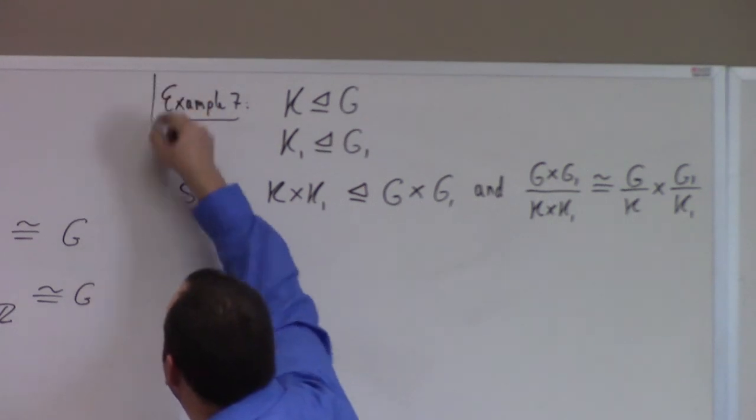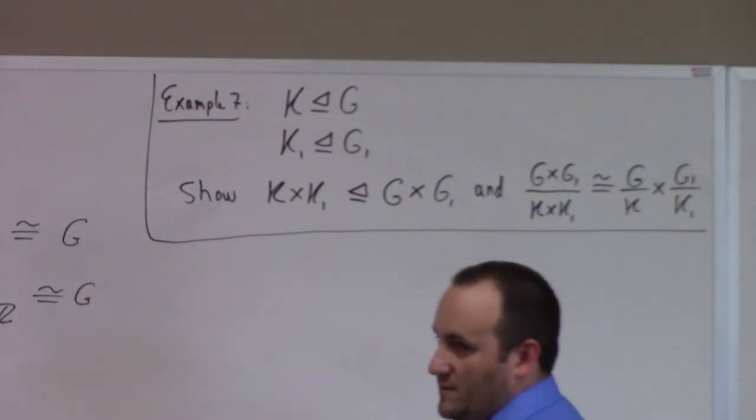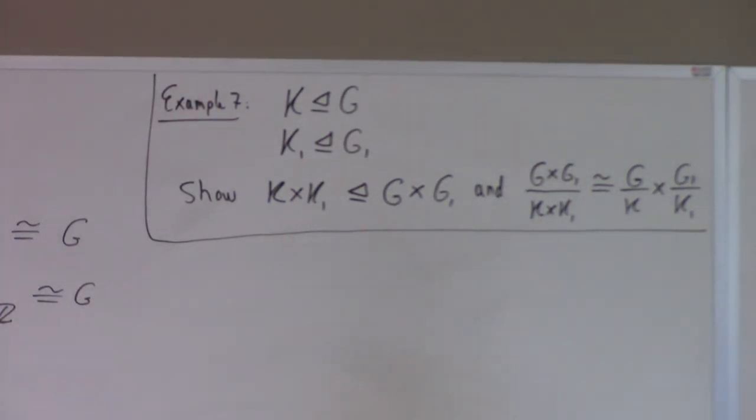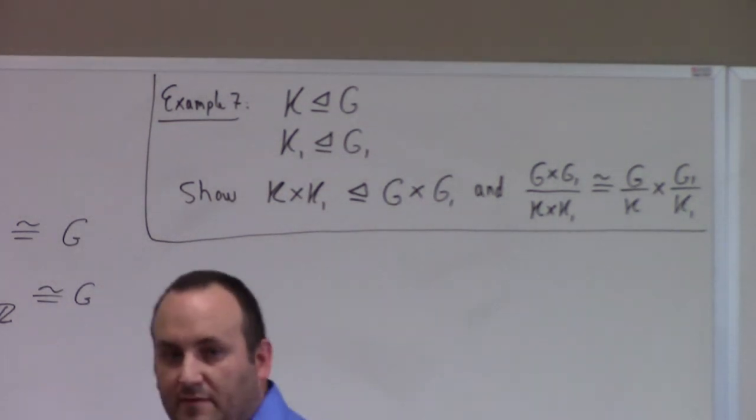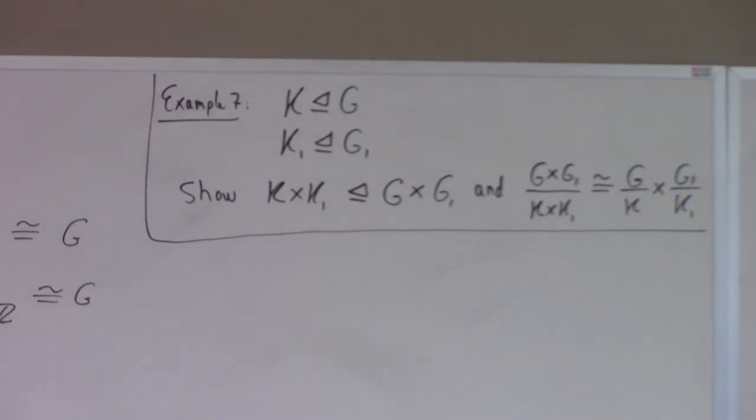Okay, so without the first isomorphism theorem, I think you could do it. You can construct the maps and show that they're isomorphisms, right? But the first isomorphism theorem just makes life so much easier. So basically, we just need to come up with the appropriate map. So can you guys guess what that map should be?